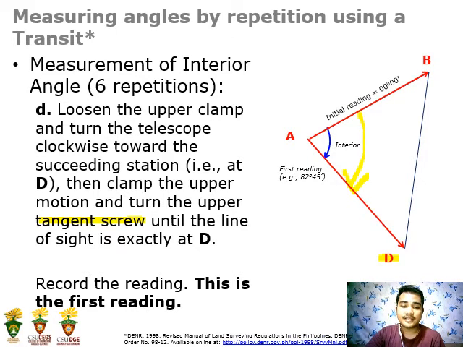For example, you got 82 degrees and 45 minutes. Record it as your first reading. Again, this is the initial reading and this is the first reading.